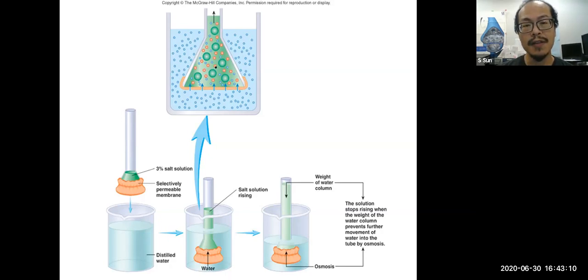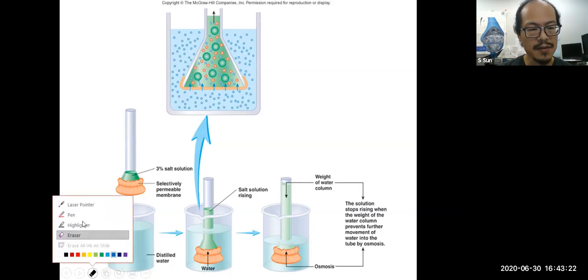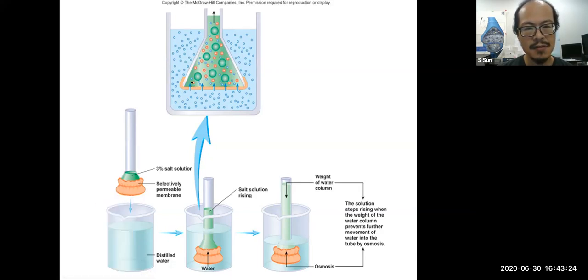So here, inside here we have high osmotic pressure.